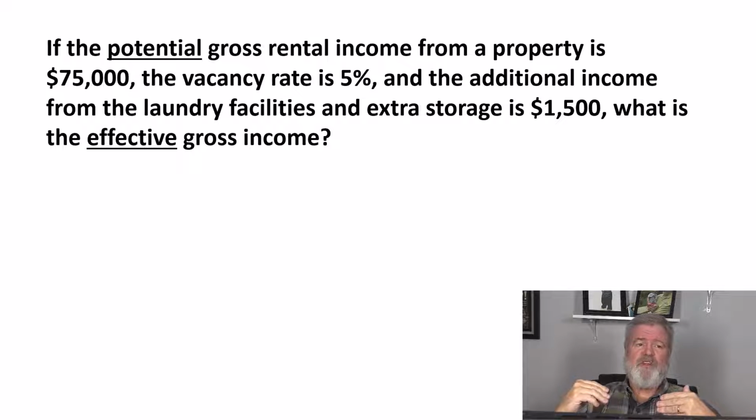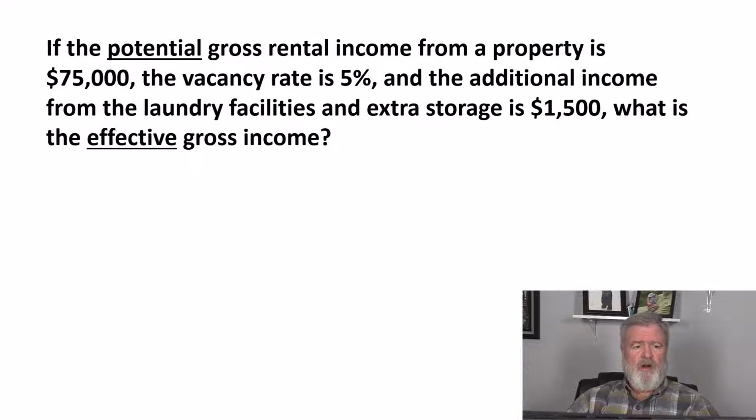So the potential would be $75,000 if every unit was rented 100% of the time throughout the year. Unfortunately, that's not true. We have about a 5% vacancy rate, so we have to take that into account along with the additional income from storage and laundry. Then that would give us the effective gross income.